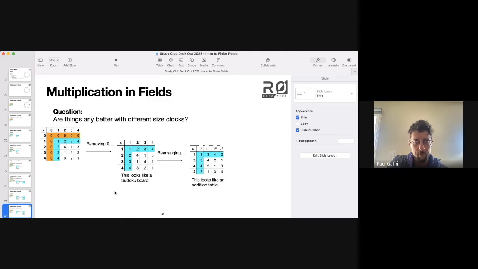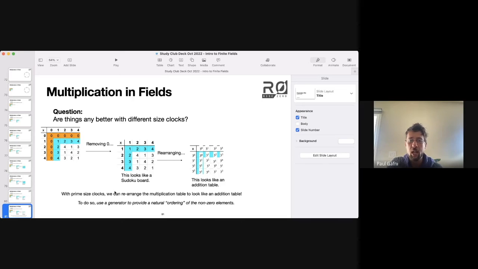It turns out that these numbers on this clock can all be seen as a power of 3. 3 to the 0th power is 1. 3 to the 1st power is 3. 3 to the 2nd power would be 9, but on a 5-hour clock, that becomes 4. And 3 cubed would be 27, but on a 5-hour clock, that becomes 2.